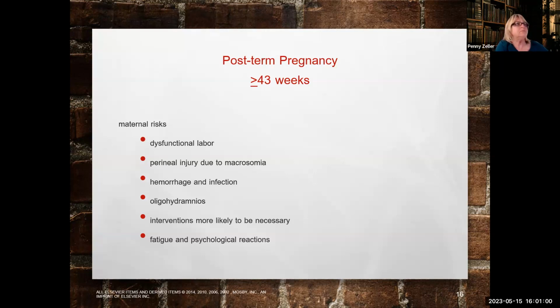Dysfunctional labor. Injury to mother's perineum because of the largeness of the baby. Macrosomia. Hemorrhage and infection. Oligo, which is small amount of amniotic fluid. Fatigue and psychological factors associated with labor and delivery. It's more likely that we have to use forceps to deliver the baby or vacuum assistance or even a C-section.